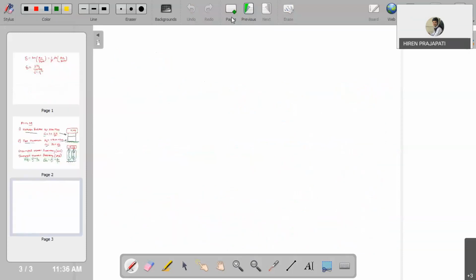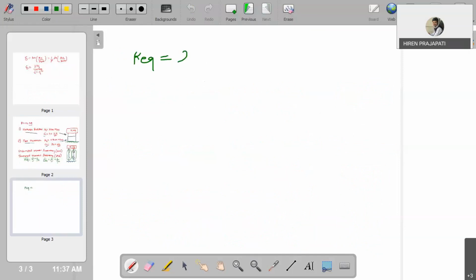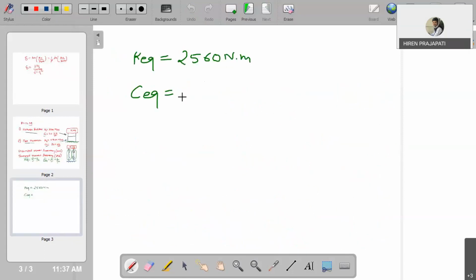So for the equivalent stiffness, K equivalent, after solving 1 by 3200 plus 1 by 12800, we get K equivalent equal to 2560 Newton per meter. Similarly for C equivalent, just put in the values, C1 is 110 and C2 is 330, and we get C equivalent as 82.5 Newton second per meter.